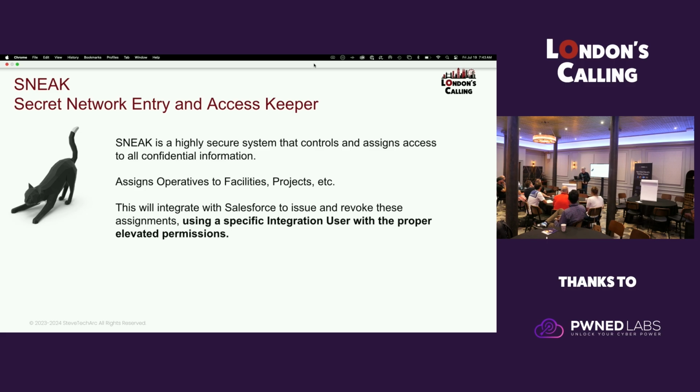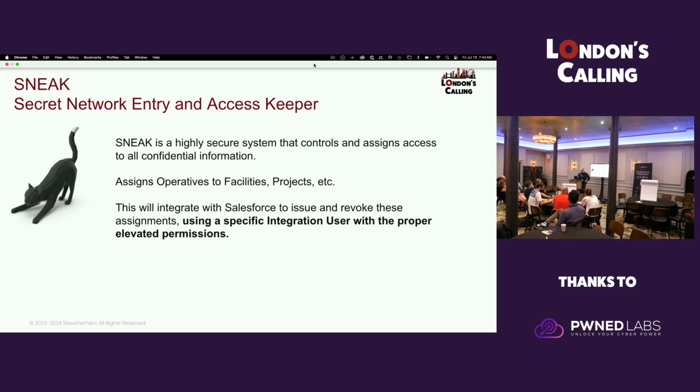We have these clients who have existing systems, this could be a stock trading application, this could be any system that predates us. What it does is control access to everything. It's going to say who gets access to what things, what mechanisms, and as such. Sneak will use a very specific integration user with proper elevated permissions.